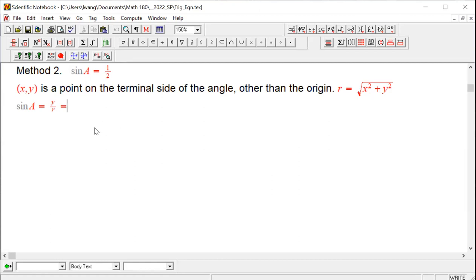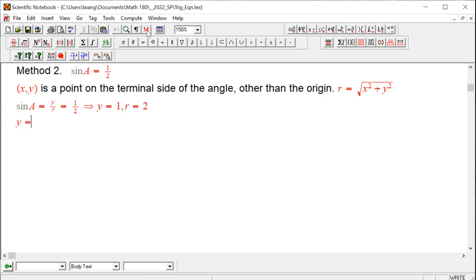So we know this is half, so you can think of y as 1, r as 2. Are you guys with me? So what kind of situation is that?